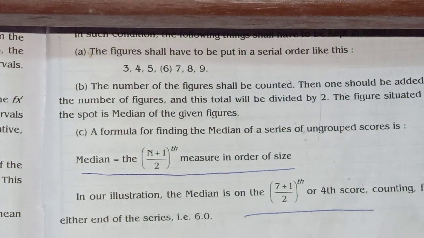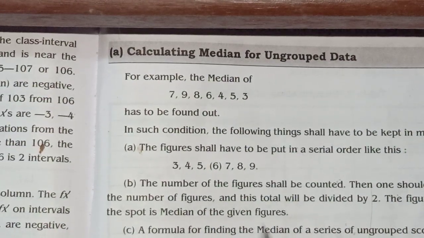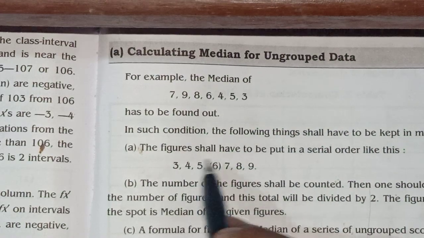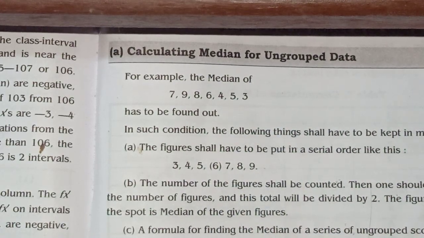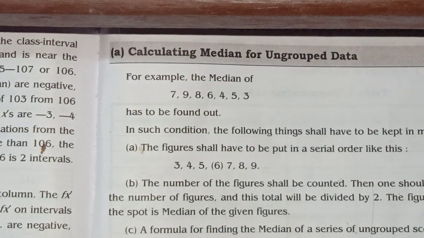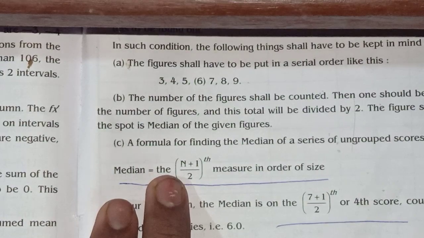N is the sum total of the number of scores, which is 7. So 7 plus 1 by 2 is equal to 8 by 2, which is equal to 4. So the fourth score is the median. This is the formula. Take a screenshot.